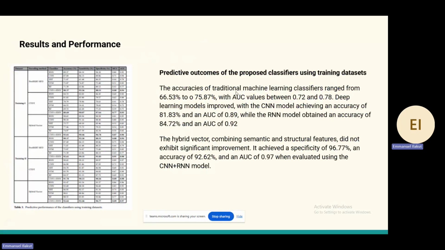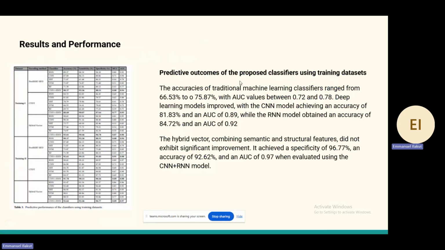The accuracies of the traditional machine learning classifiers ranged from 63 to 75. The performance metrics we used were accuracy, the area under the curve, specificity, and sensitivity. For this summary's purpose, all that data is captured here, but I just wanted to highlight the accuracies.